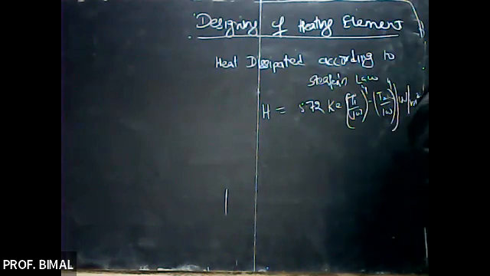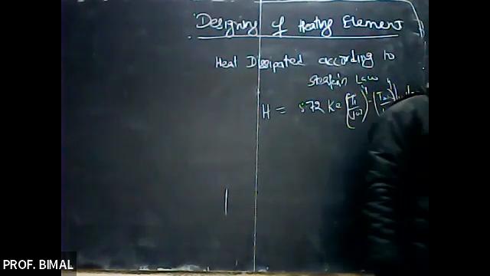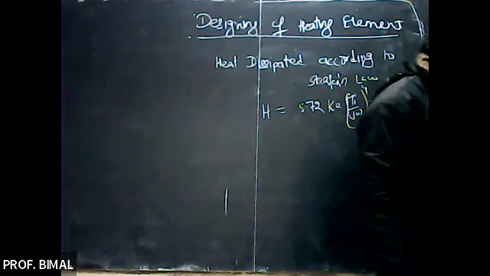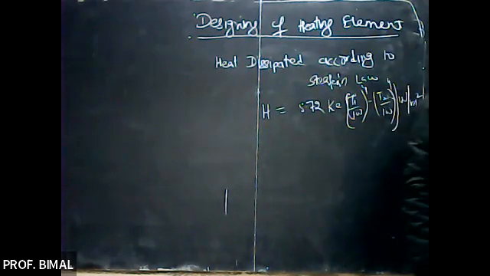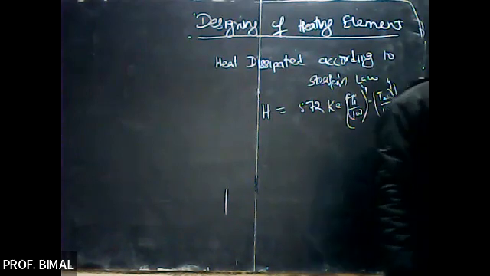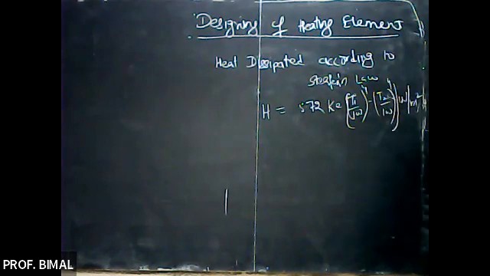K is unity for a single element, and it is between 0.5 and 0.8 for several elements placed side by side, right? And e is the emissivity, which is unity for a black body and equal to 0.9 for resistance heating elements, right?